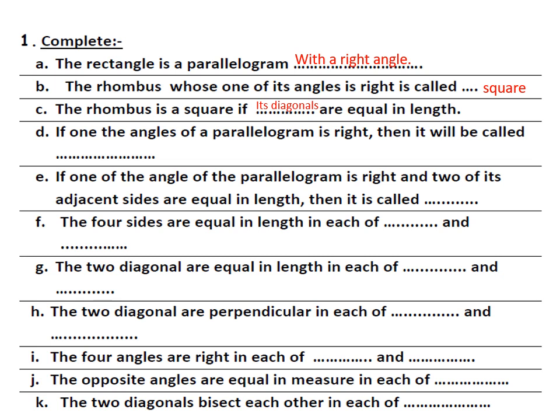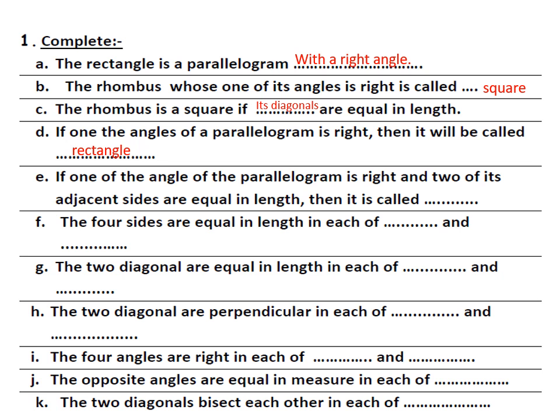So here you must say that the diagonals are equal in length. Letter D, if one of the angles of a parallelogram is right, then it will be called a rectangle.